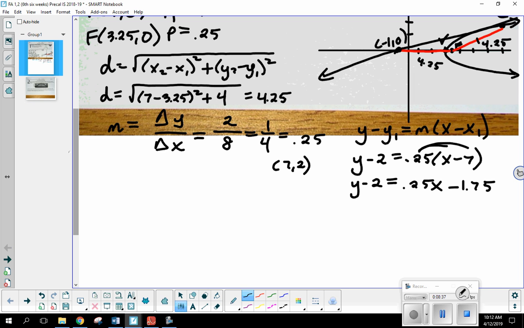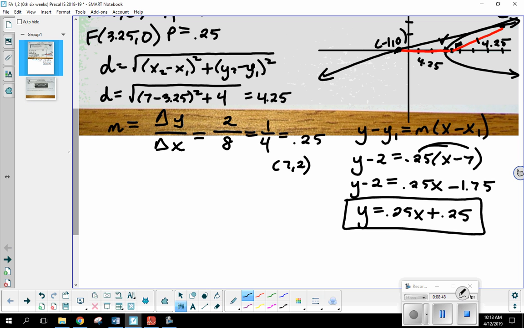So what is negative 1.75 plus 2? There we go. So y equals 0.25x plus 0.25, or 1/4 x plus 1/4. That should be the equation of the line tangent to our parabola at 7, 2.